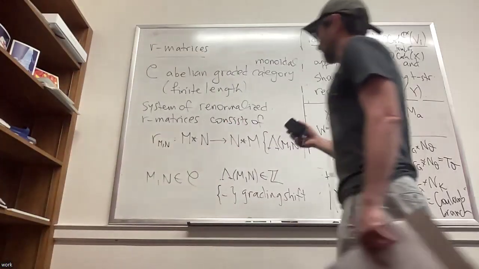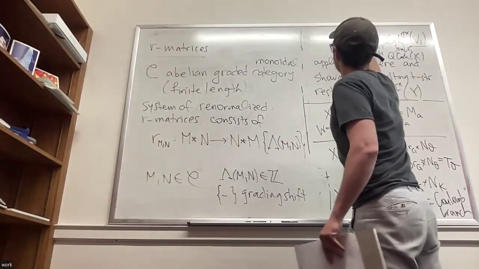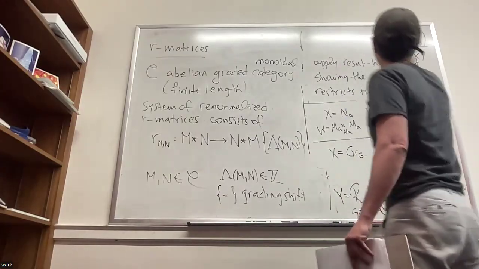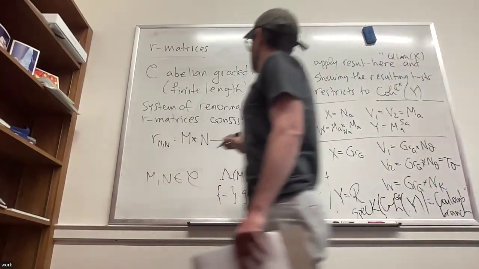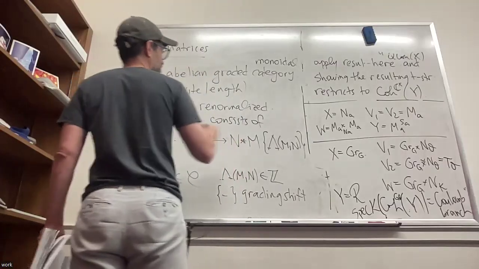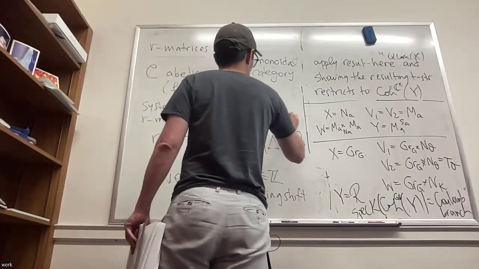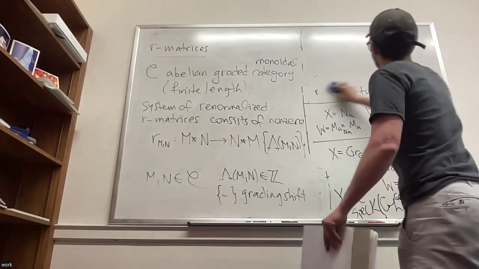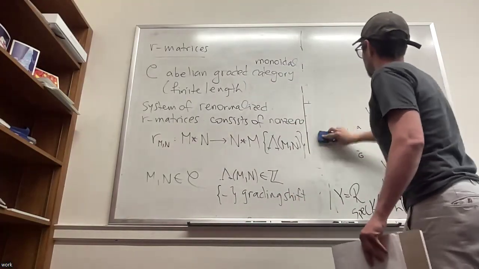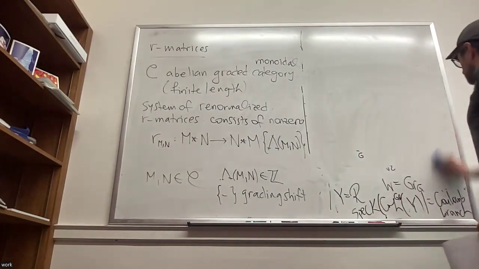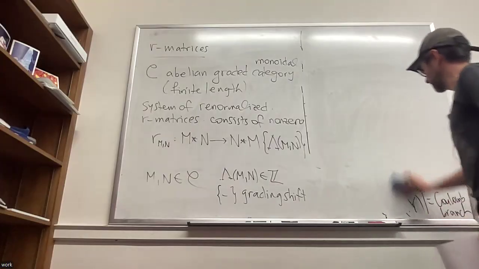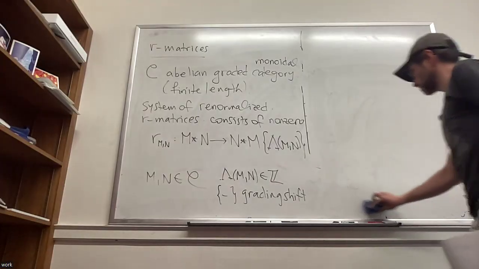Okay, so that's the data. It's such a map, let's say non-zero map, for any two non-zero M, N, such that it satisfies a set of properties, which I'm not going to write all of them.